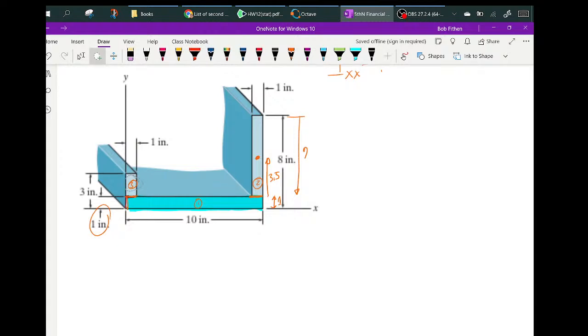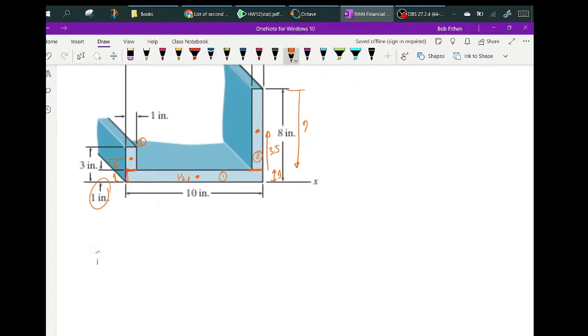This one, move it off to the side. Its centroid is right there. Move this off to the side. Its centroid is right there. So this is up 1, up another 1, so this one's 2. And this is going to be a half, 1/2.